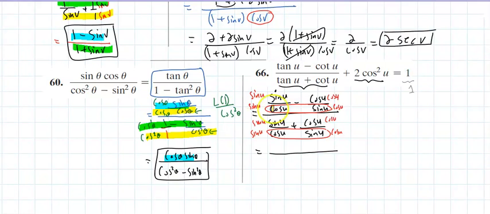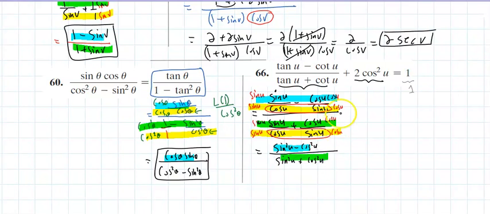This is from algebra. This is something that's coming up in calculus heavily. So the top is really sine squared of u minus cosine squared of u. And the denominator, you just read the top, and you just read the denominator, and that would be the sine squared of u plus cosine squared of u.